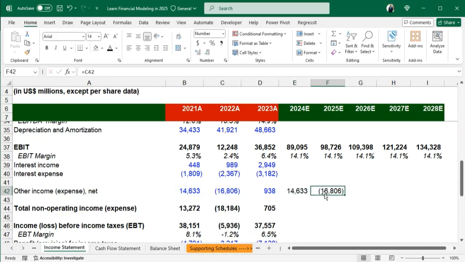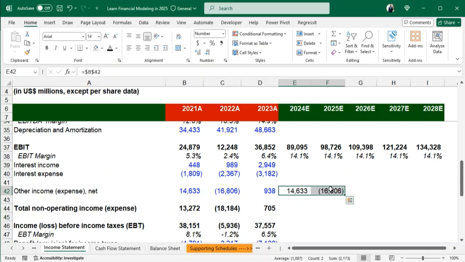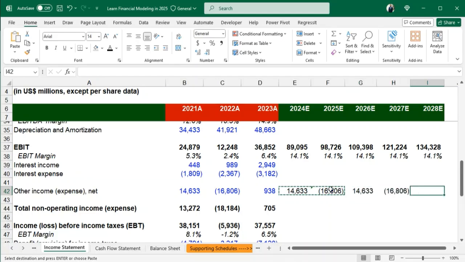I'm also going to anchor this using F4. All right, and then I can copy this and paste, and also copy this as well and paste for 2028.